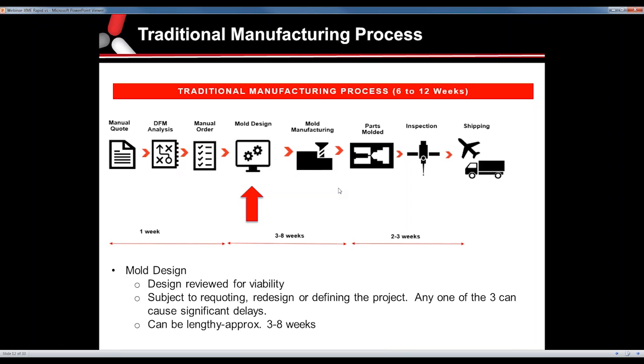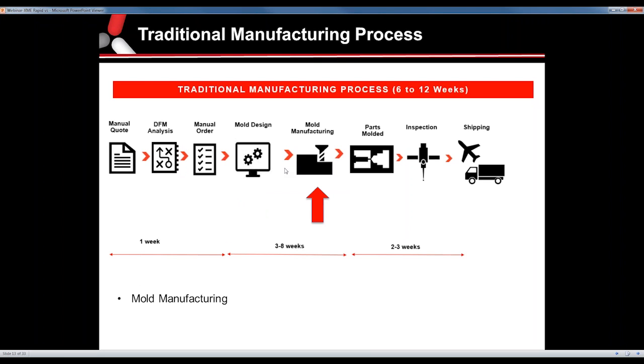And this sometimes can be a lengthy part of the process, the back and forth on design and how things are going to be, ejector pins, gates, and things like that. So once the mold design's approved, you move into the mold manufacturing.